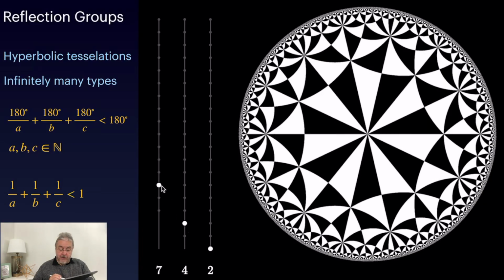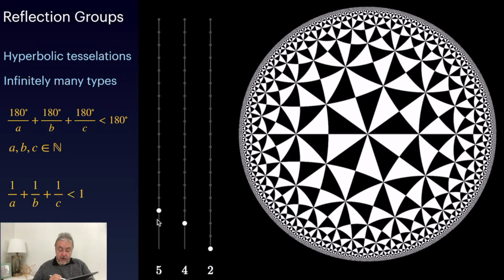So what you now see next is 5, 4, 2. So here you have an angle that gives 5-fold rotation. So one way to count this index here is just to count the number of black triangles you get in that picture.